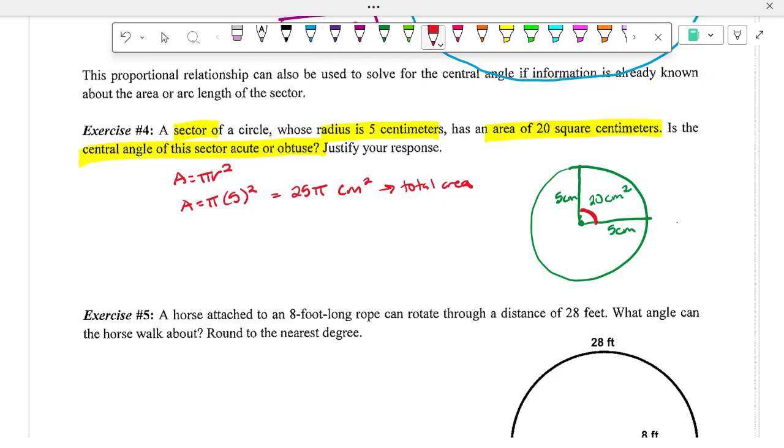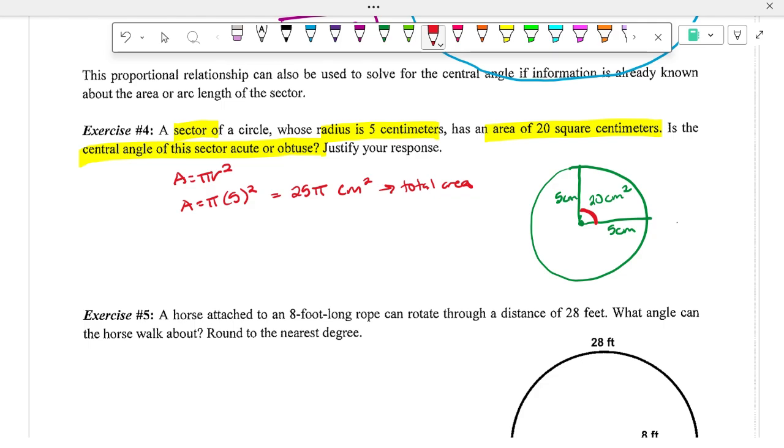What do you think I'm going to do next, Maria? Well, think about it. If we have the whole and a piece of it, don't we need to figure out how big this piece is first? How do you think I'm going to do that?